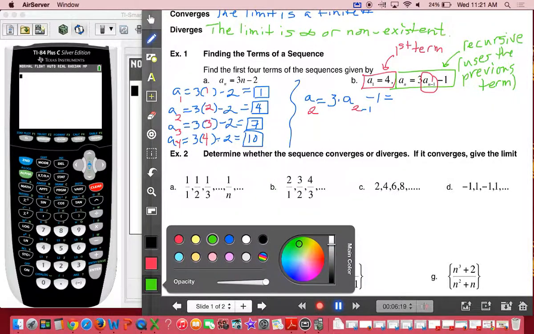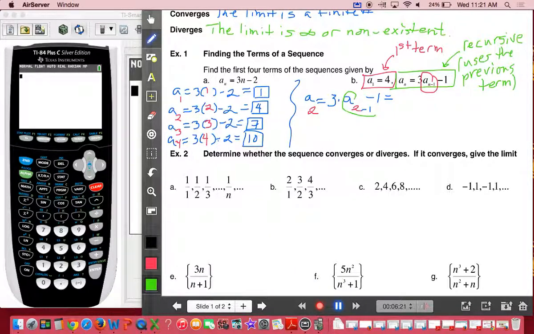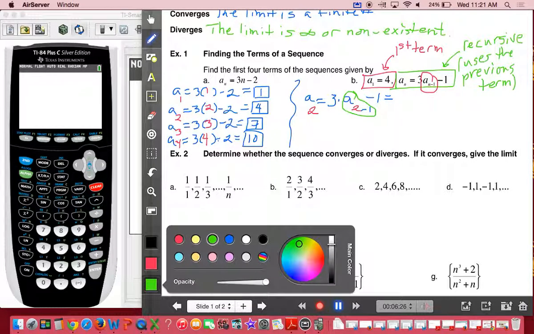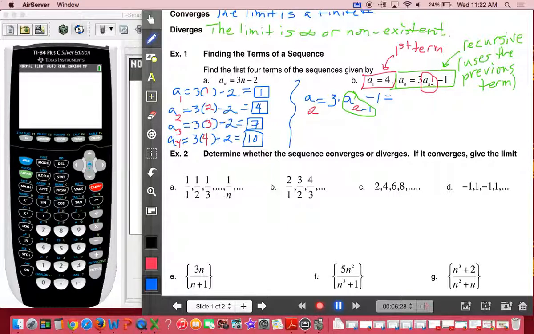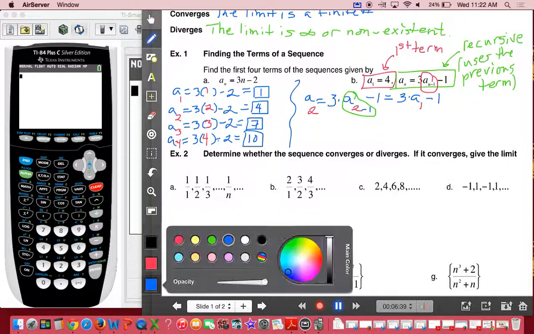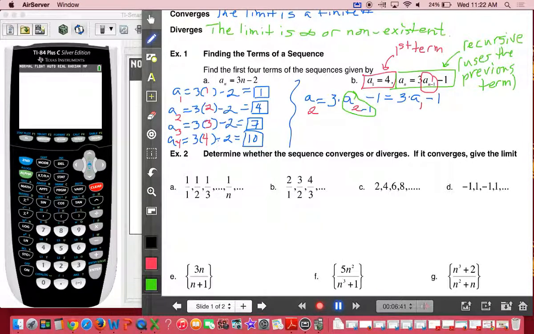So what does a sub 2 minus 1 equal? A sub 1. So what they're really asking you to do is to find 3 times a sub 1. Isn't a sub 1 the previous term, the term before a sub 2? And then minus 1.